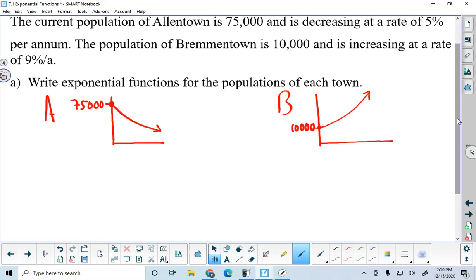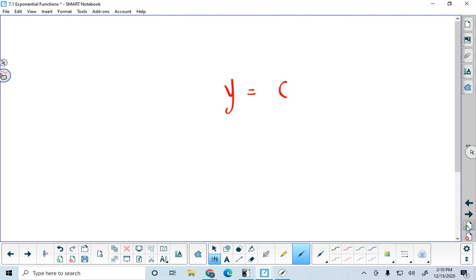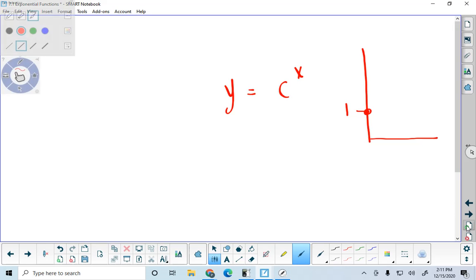The first thing you need to recognize is that exponential functions normally have a y-intercept of 1. So if I have y equals c to the x, it will cross at 1. The only explanation as to why a different function would have a y-intercept of 2 is that it would have to be 2 multiplied by c to the x.